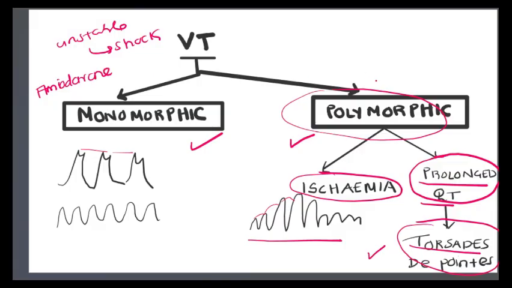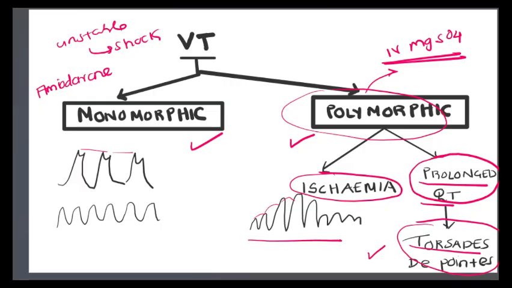But a very important thing: if it is polymorphic VT, the medication is not going to be amiodarone, though it is a type of VT. The medication is IV magnesium sulfate. All of you must remember this. There is a difference in medical treatment. And when the patient's vitals are unstable, collapsed, then it is not going to be medical treatment, it's going to be shock.